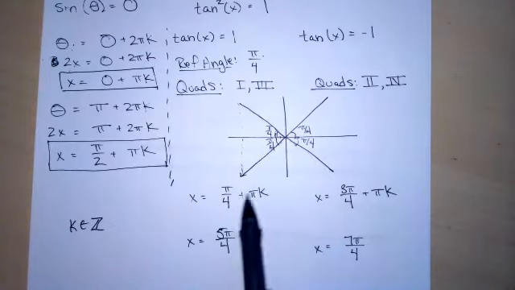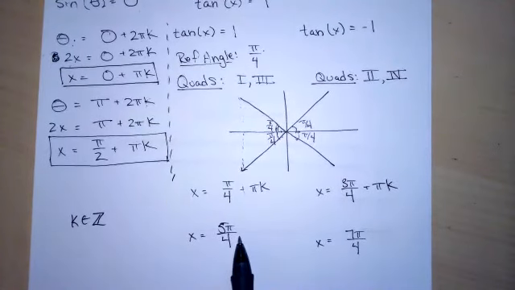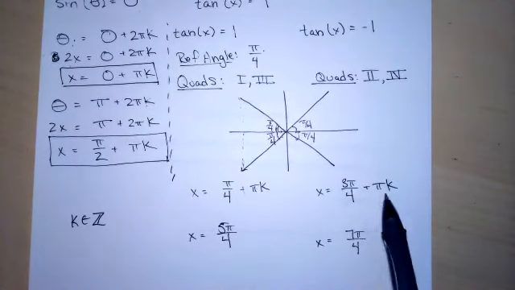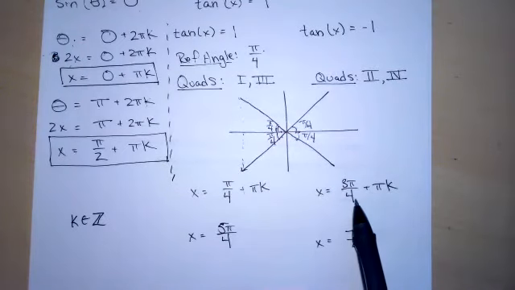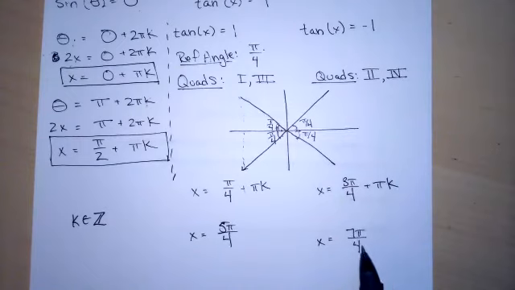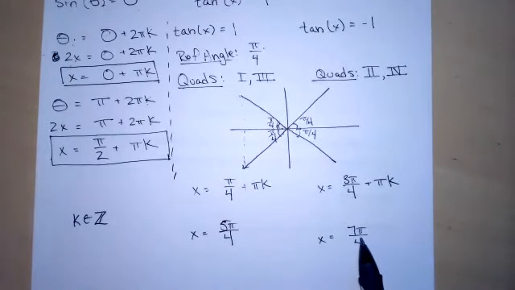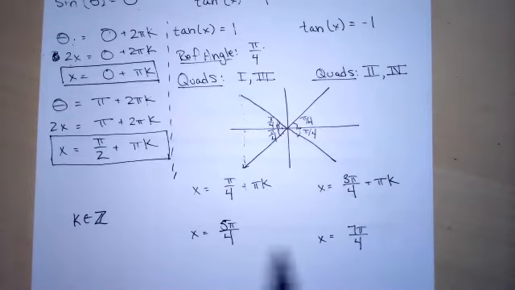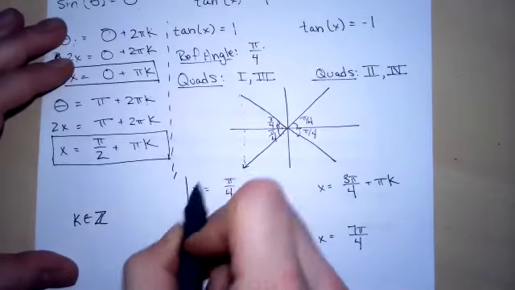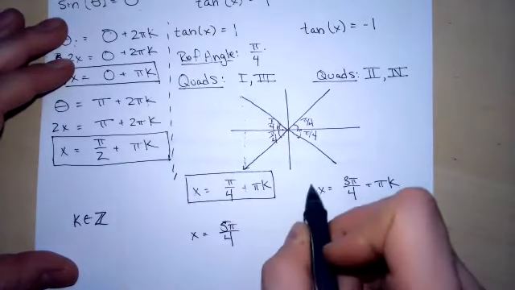So pi over 4 plus 4 pi over 4 gives me 5 pi over 4. Likewise, over here, 3 pi over 4 plus 4 pi over 4 gives us 7 pi over 4. So again, when k was 1, it's not that these are wrong. It's just that we are actually already counting them in these sequences.